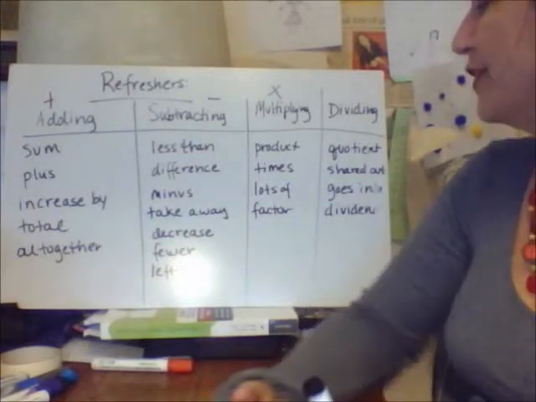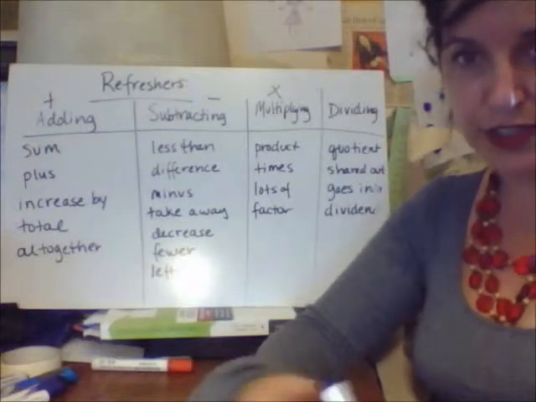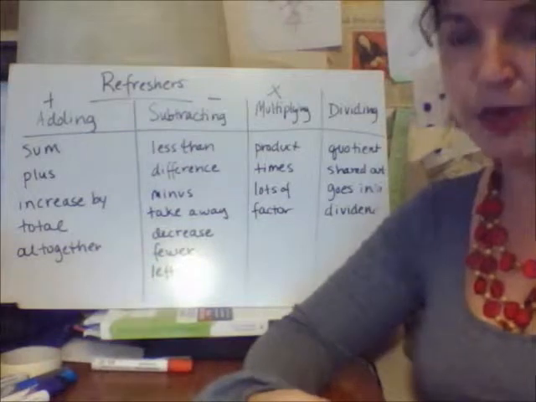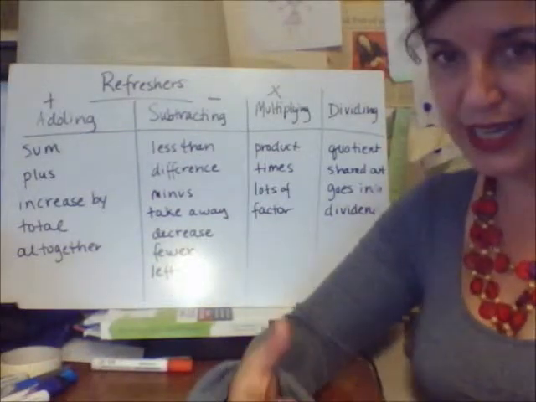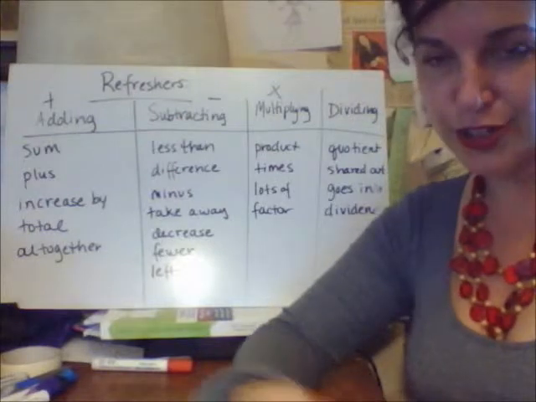If you're looking for a product, if it says times, if it says lots of, so for example, 5 lots of X, it wants you to multiply. Sometimes the word factor can be used in that terminology as well.